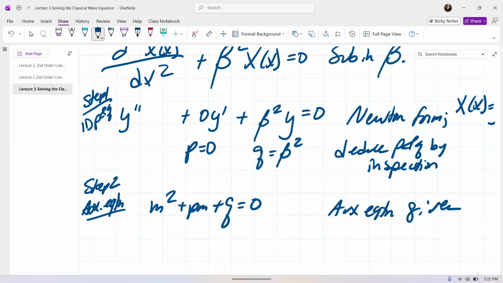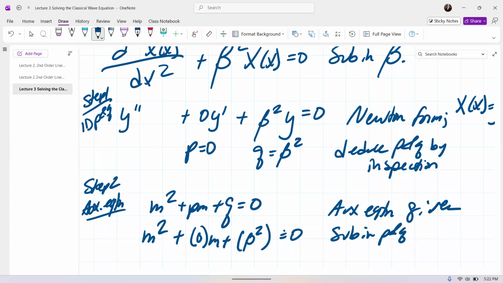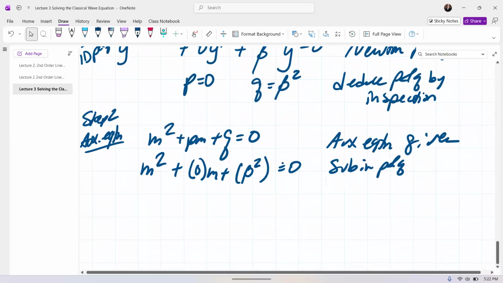And now the next thing we do is we sub into it: m squared plus what's p? 0m plus q, beta squared, equals 0. Sub in p and q. Next thing we do is we're going to use the quadratic formula, right?